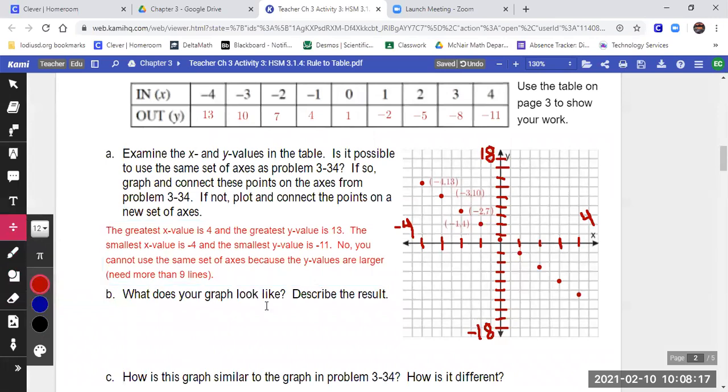Okay. So it asks us, what does the graph look like? What does this graph look like? Describe its shape. Describe what it looks like. So what's something we can say about what this looks like? What's some words we can use to describe what it looks like?